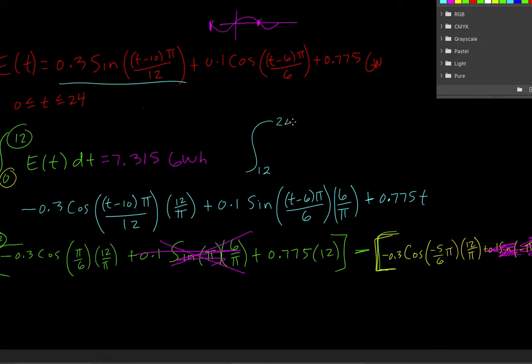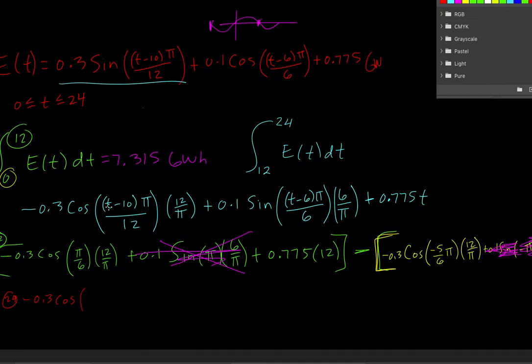12 to 24 of E of t dt. So once again, we plug in 12, so we see that we get exactly the same thing here, but then we also plug in 24. And so plugging in the 24, it's going to look like negative 0.3 cosine.